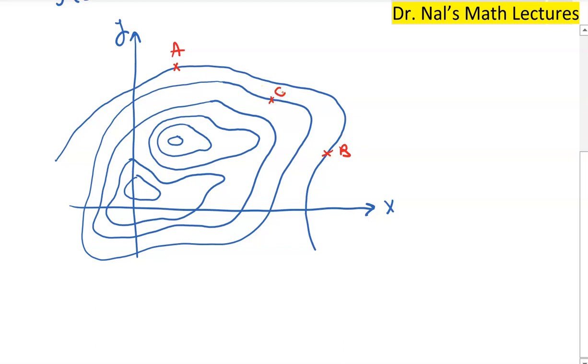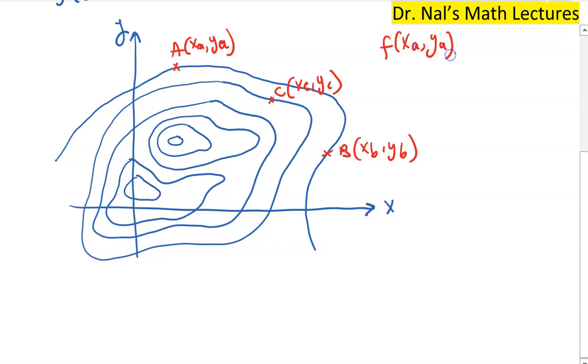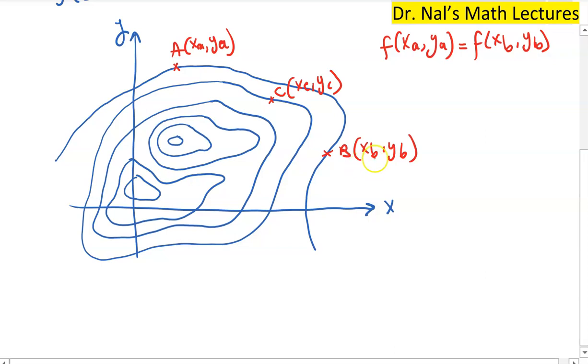Does that make sense? So the z value for A and B: if you were to evaluate the function at the point A, which has coordinates xa, ya, and similarly B has xb, yb, and C has xc, yc, you would see that f of xa, ya would be equal to f of xb, yb.